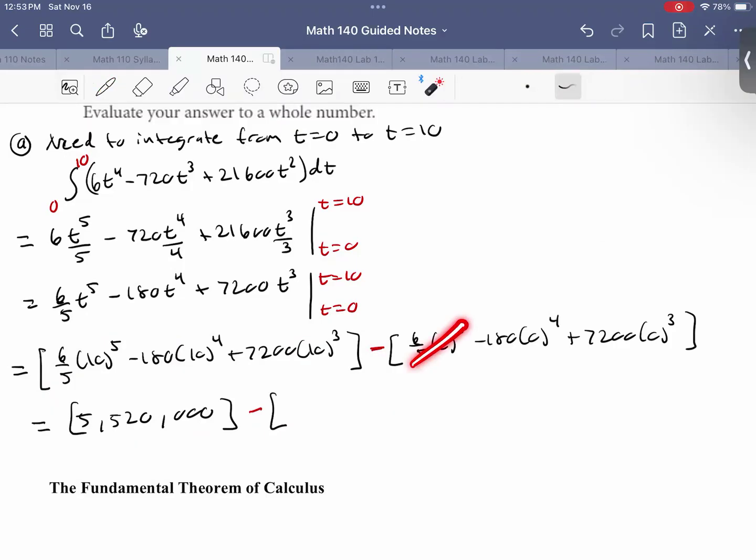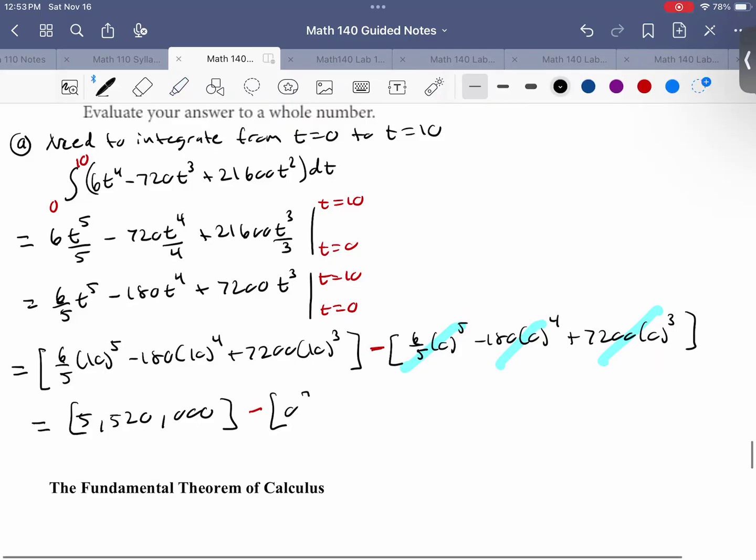This is 0, this is 0, and this is 0, so it's really minus 0. Our final answer is 5,520,000.